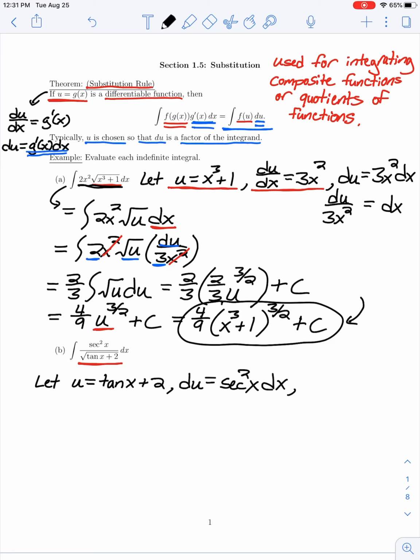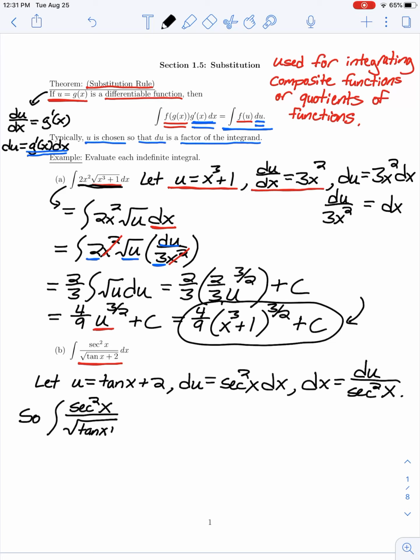So, as with our previous example, part A, we need to solve for dx, and we're left with du over secant squared x.